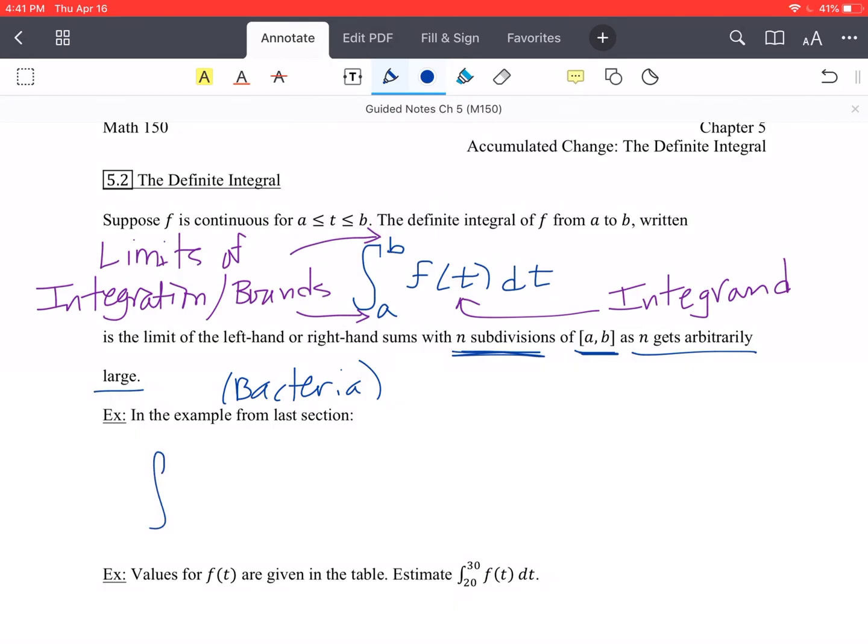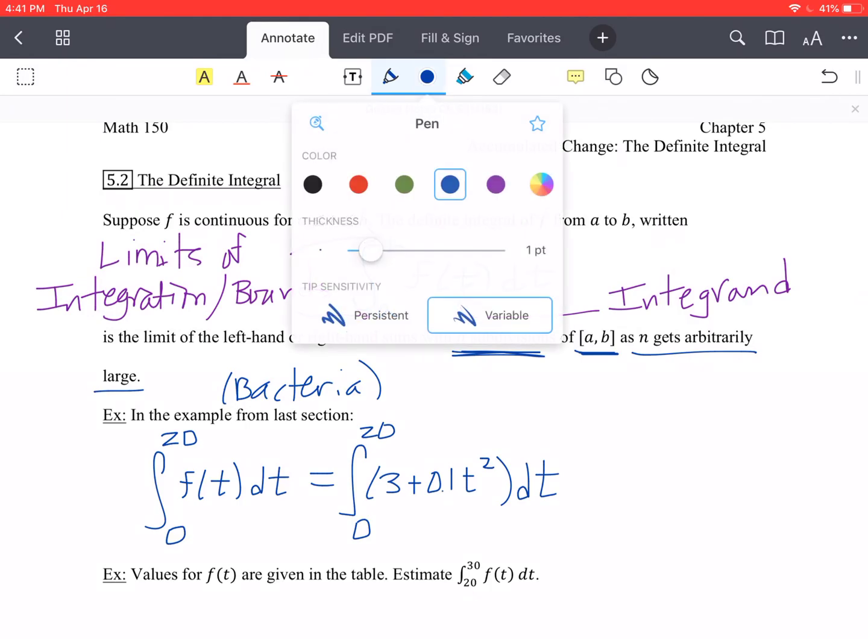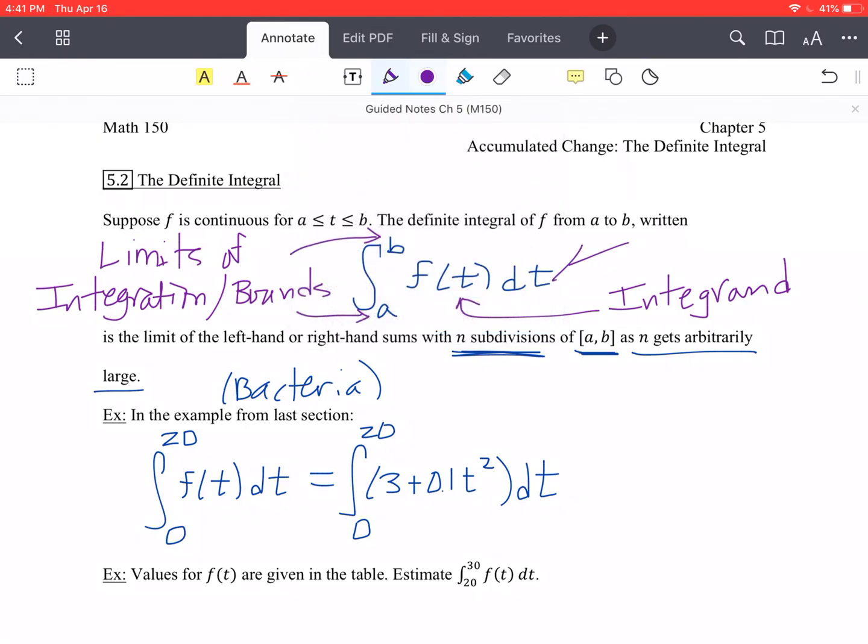So the integral from 0 to 20, over the first 20 hours, of f of t dt, the function in question, if you go back and look at those notes, was 3 plus 0.1 t squared dt, 0 to 20.